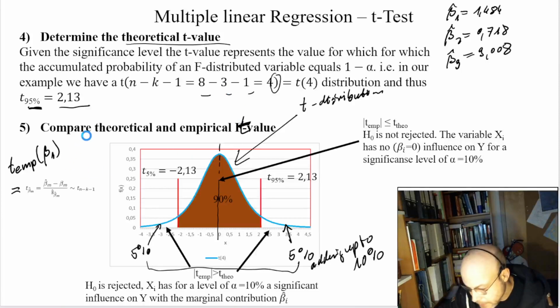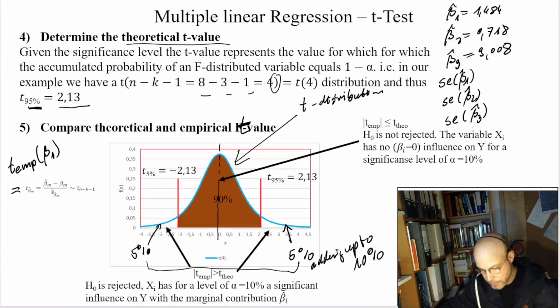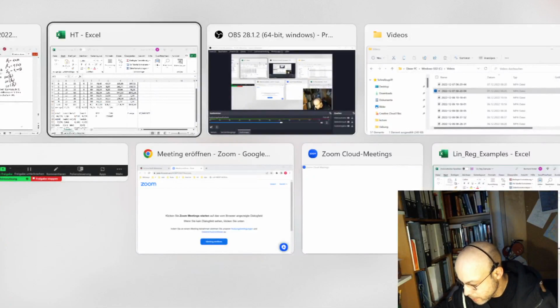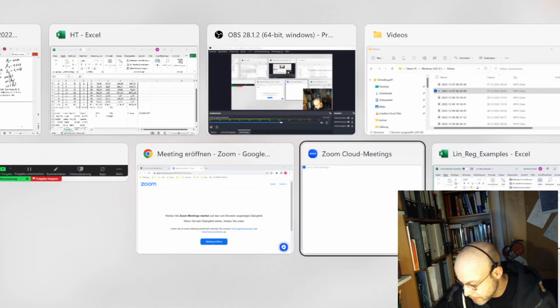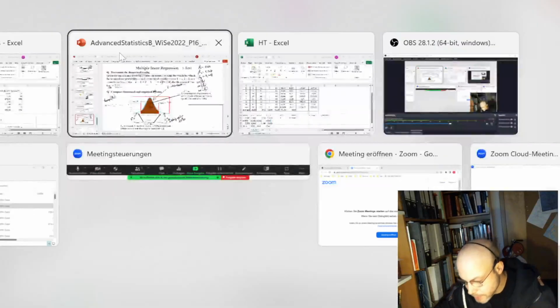And then of course we also need the standard errors: the standard error of beta 1 hat, standard error of beta 2 hat, and standard error of beta 3 hat. And this you also get from your software package. It's not the right Excel.